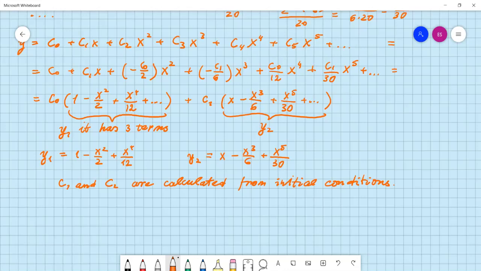Well, right now I did not give you any initial conditions, so you don't calculate them. But if you are given initial conditions, you can calculate actual coefficients and get a solution without separating into two functions. Okay, very good.